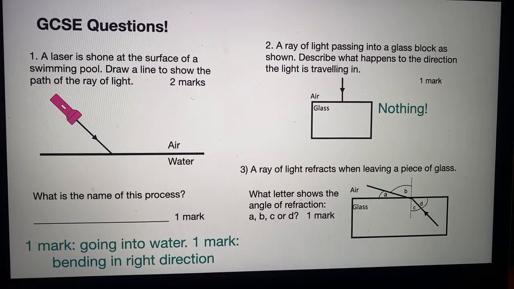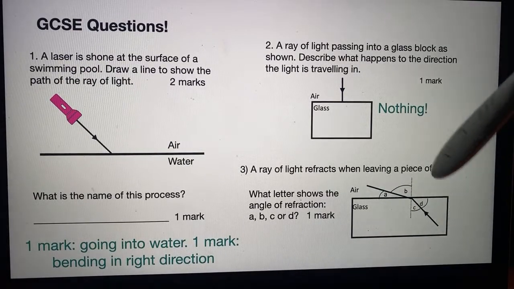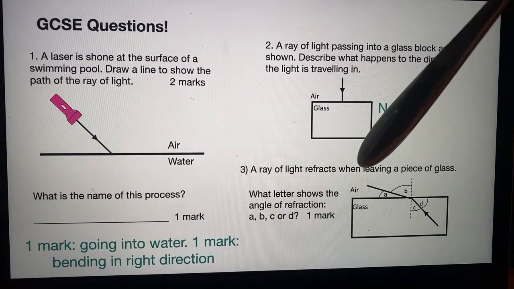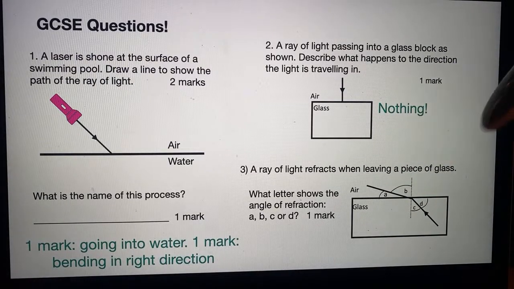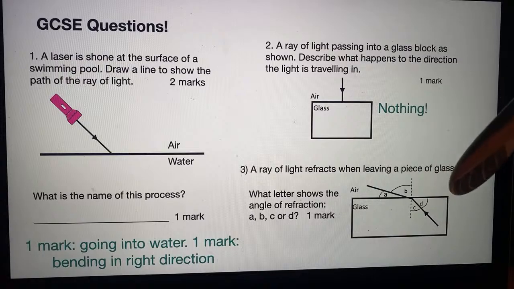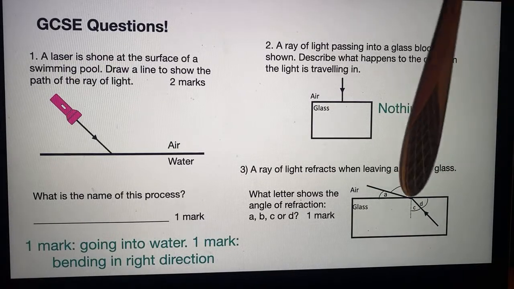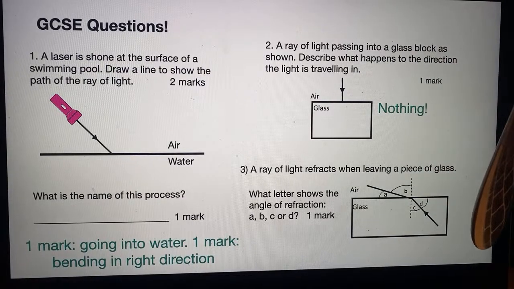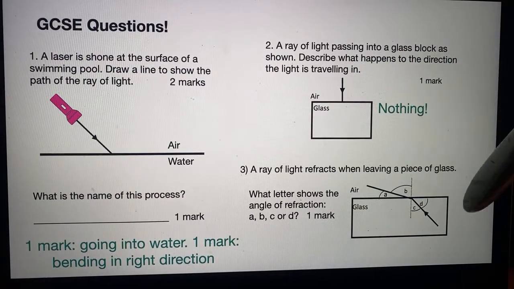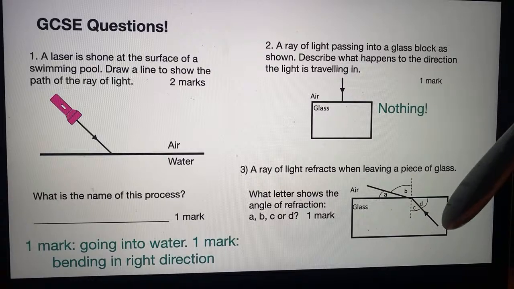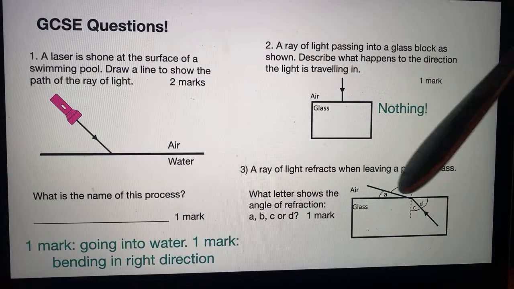Question 3 was really tricky because nearly always with a diagram like this, the light is travelling from the air into the glass block, isn't it? That seems mean. Is that really testing your knowledge? It's just testing how carefully you're reading the question. In this case, the incident ray is the one in the glass block. I guess maybe they were checking that you knew the incident ray was the first ray and the refracted ray is the ray that has changed direction.